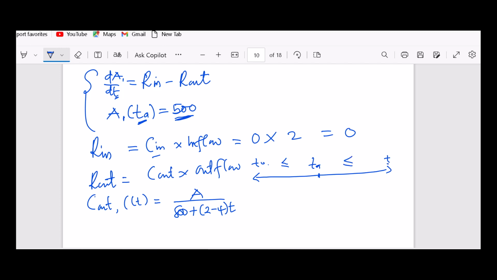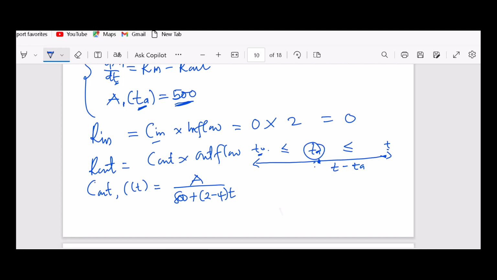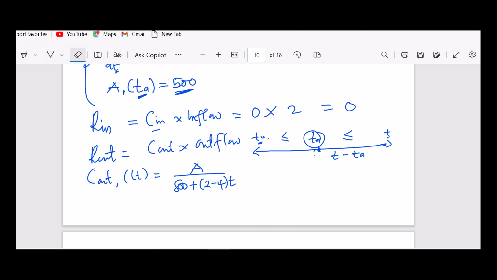Now, what will be the time from here coming here? From here coming here will just be T minus T of A. The difference here will just be this one, since the other was 0. So we cannot write it like before, because we want to write the time, and the time will now be this.